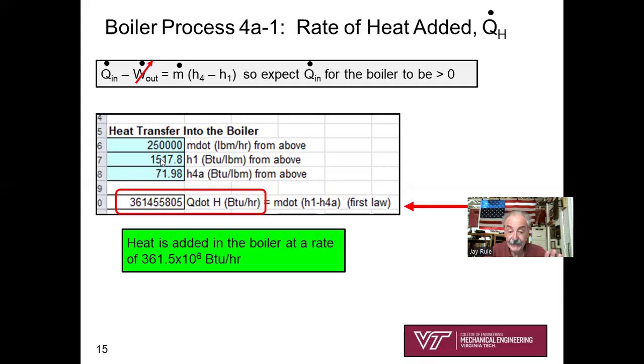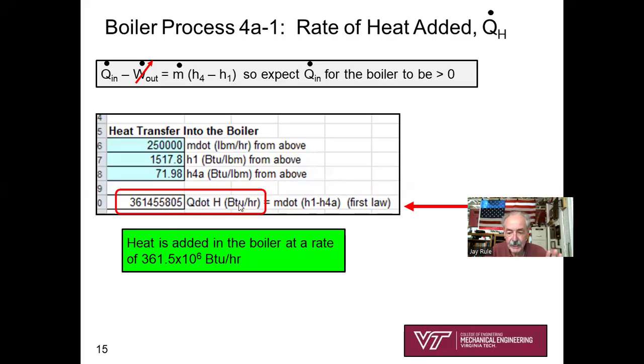m dot is given. H1, we already looked up. H4, we just determined. And here we go. In my Excel version, we've got m dot times H1 minus H4 actual. Here are my numbers. Look, I've got this huge amount of Q dot H in BTUs per hour.